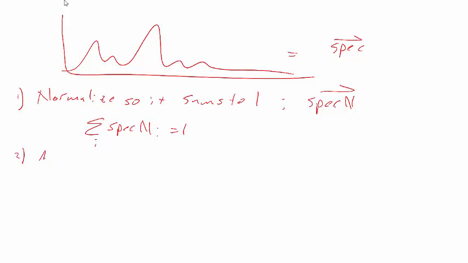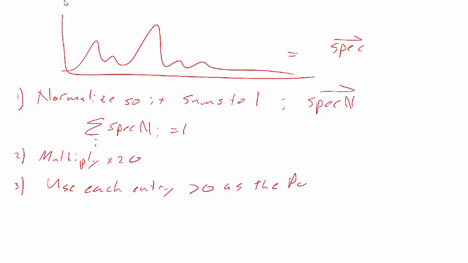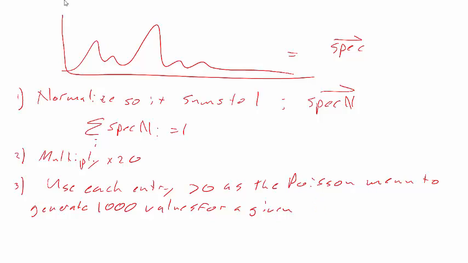Let's see, so you'll multiply by 20, and then for each wavelength, wave number, you'll use whatever value you got once you rescale, multiplied by 20, as the mean of the Poisson, and you'll generate 1,000 Poisson distributed numbers with that mean.